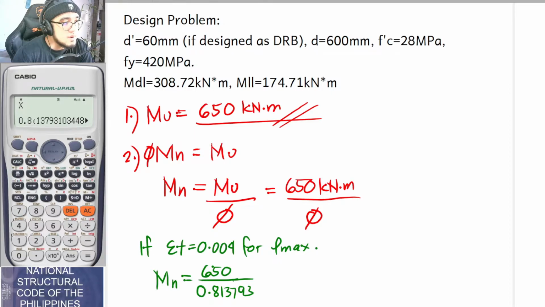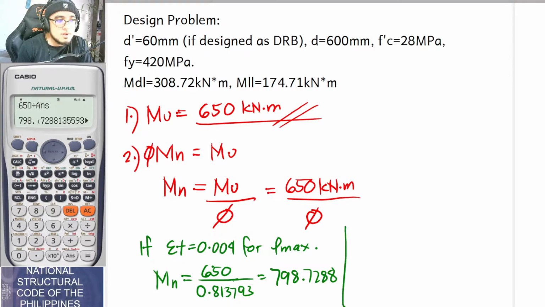That is the value for your MN if you use a strain of 0.004. So 650 divided by answer, our MN here should be 798.7288. Once again, that is if your strain T is 0.004.